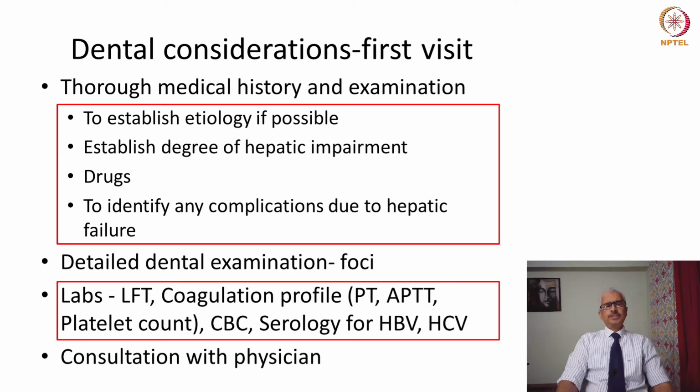Now, when such a patient visits us the first time, what should we do? So, we have to take a thorough medical history and conduct a detailed examination. This is done to establish the etiology, if possible, to establish the degree of hepatic impairment, to check what drugs the patient might be taking, and to identify any complications due to hepatic failure.